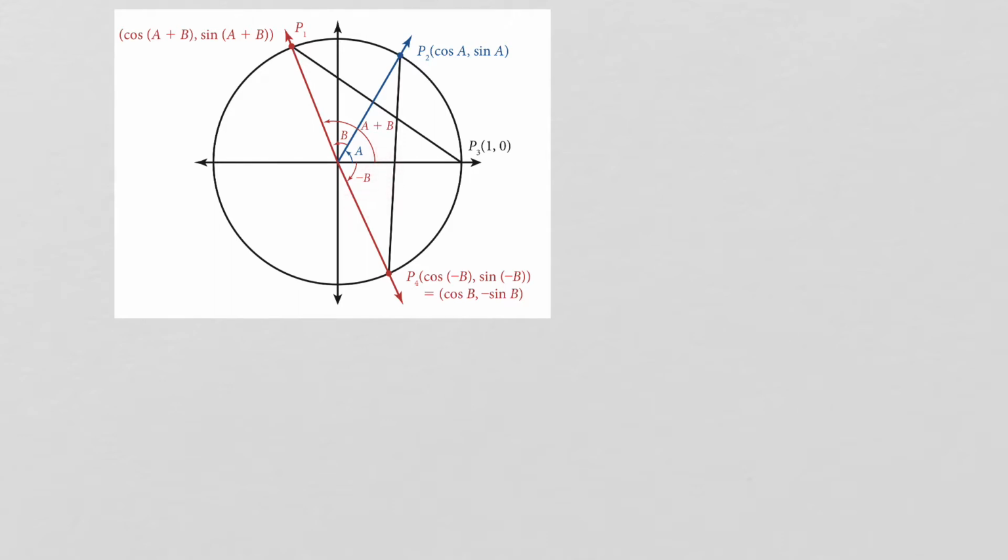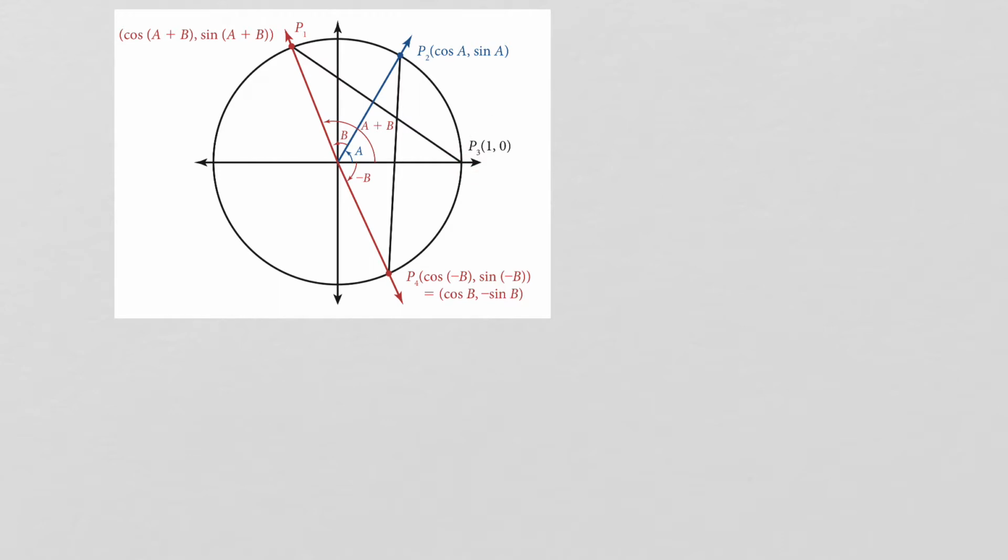And the idea is that the angle here is A plus B in size, and the angle here is A plus B in size. So because that is true, then we know that the chords formed by those angles are equal. Here is a chord that corresponds to the angle A plus B, the chord from point P1 to point P3.